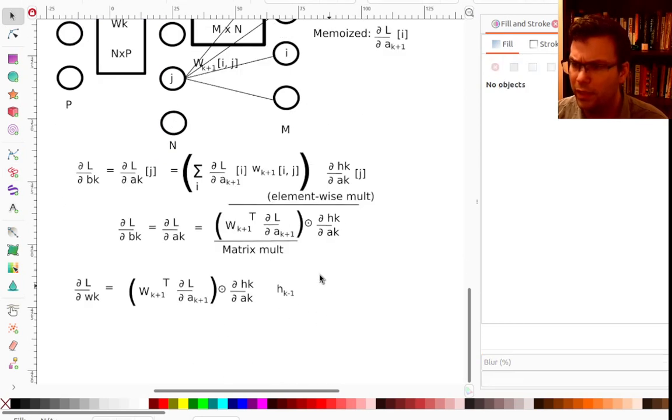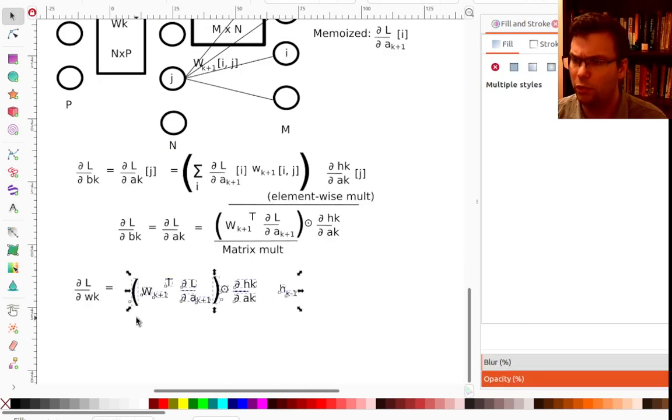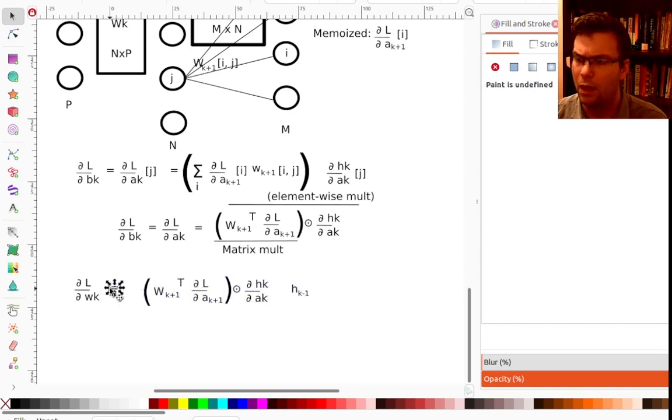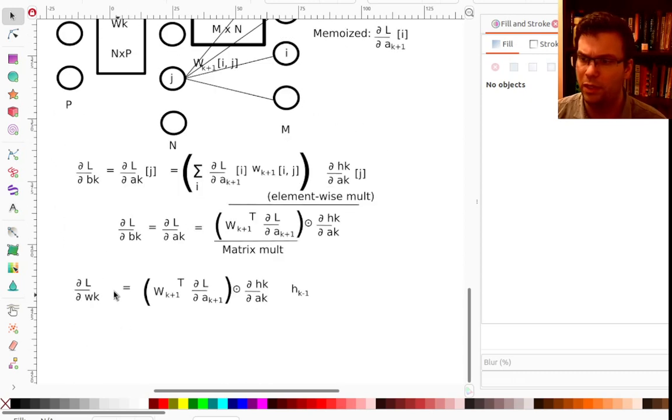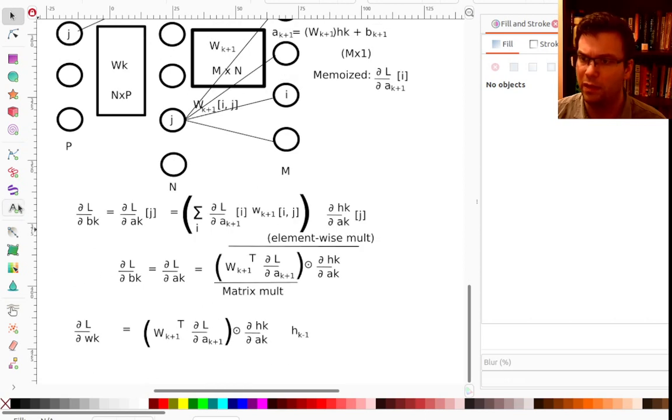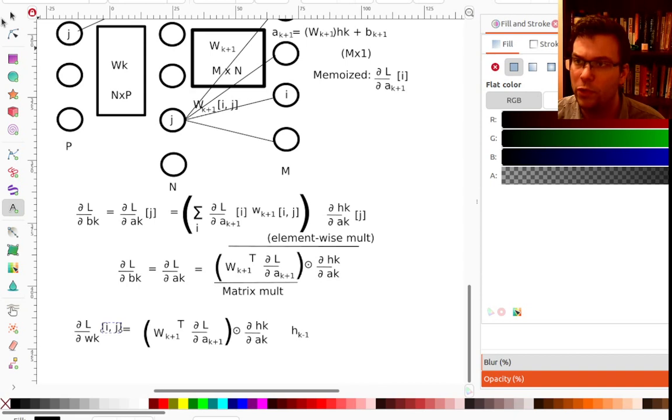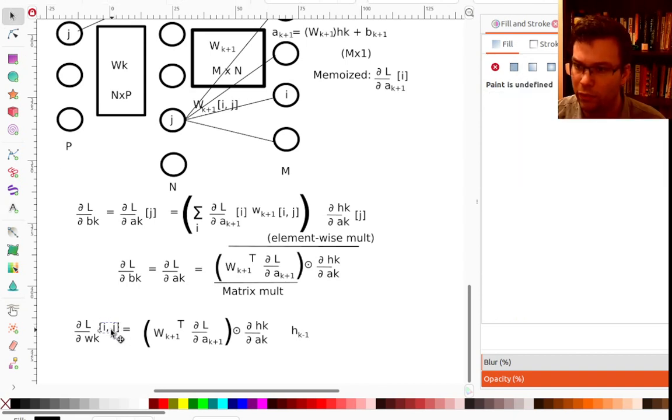and I notice that what I'm actually looking for on the left-hand side, my W_k, has n rows and p columns. This is actually an entire matrix, so let me index it with two coordinates now. I'm going to have an entire matrix of derivatives here.